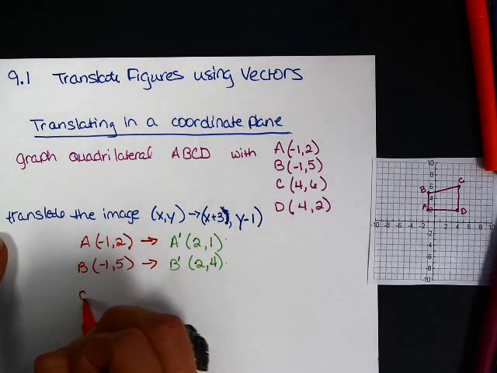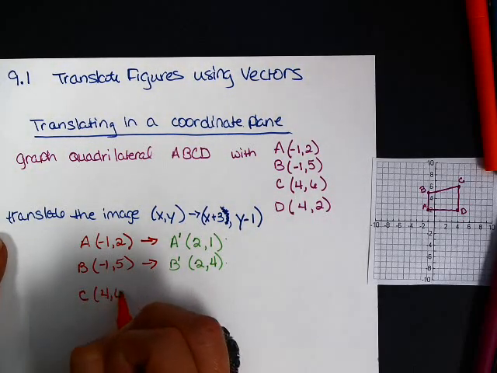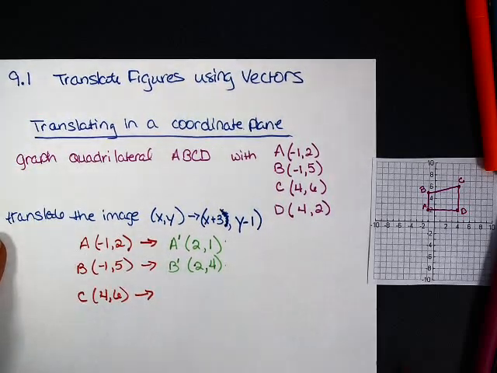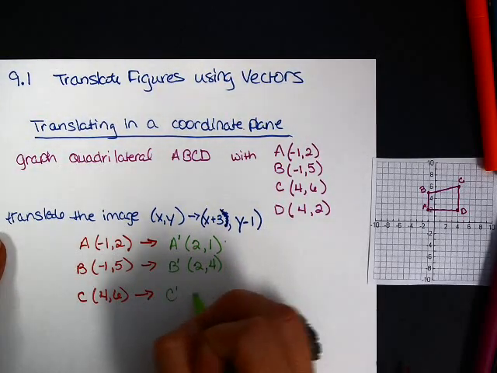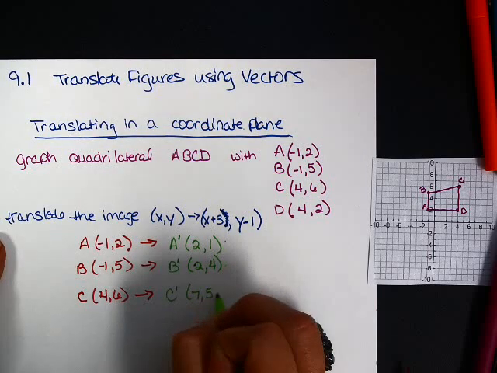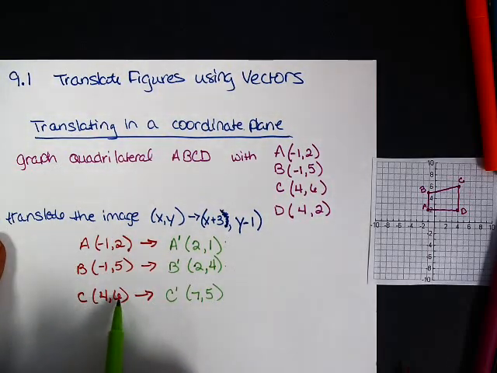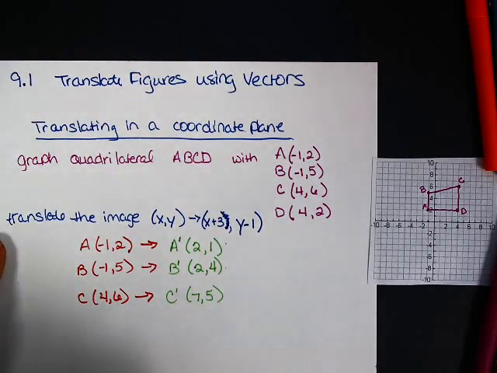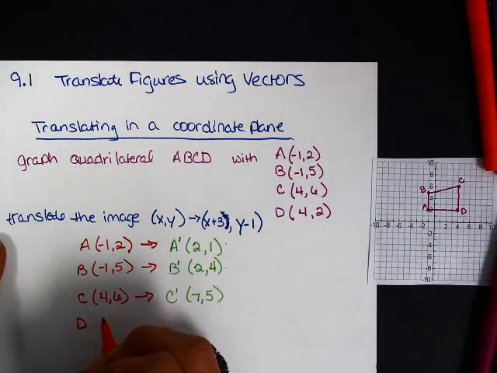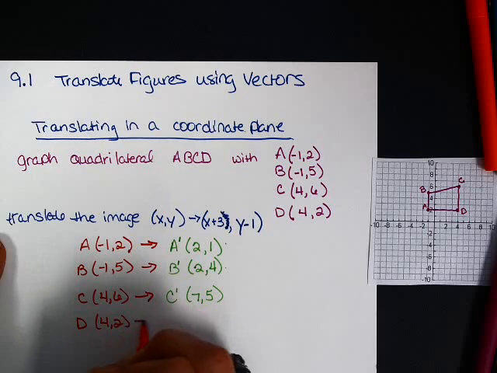If C was located at (4, 6), C prime is going to be located at (7, 5). Add 3, take away 1. And point D is located at (4, 2).